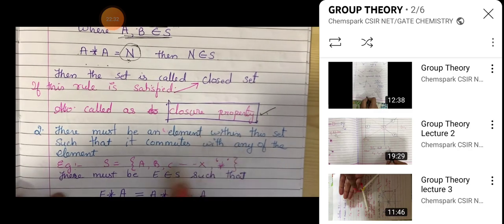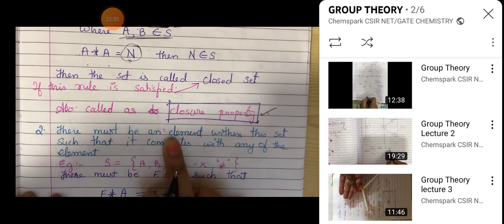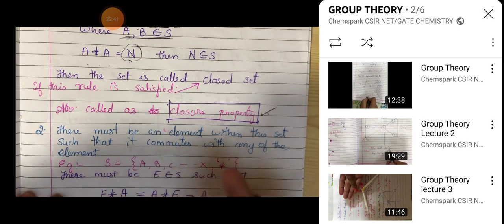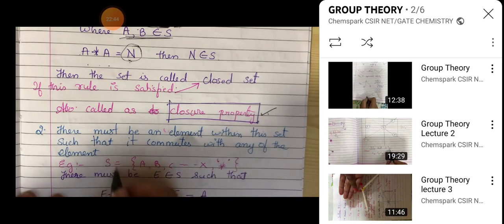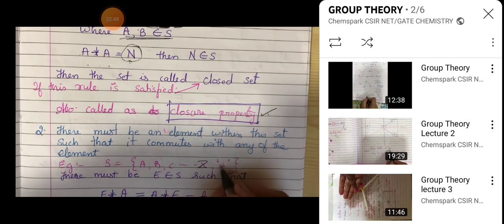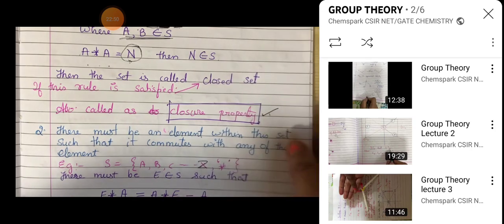The second rule says there must be an element within the set such that it commutes with any of the elements. Now to explain this, I can take an example again. If I take the same example, S contains A, B, C, D till Z, and suppose multiplication is the binary function.